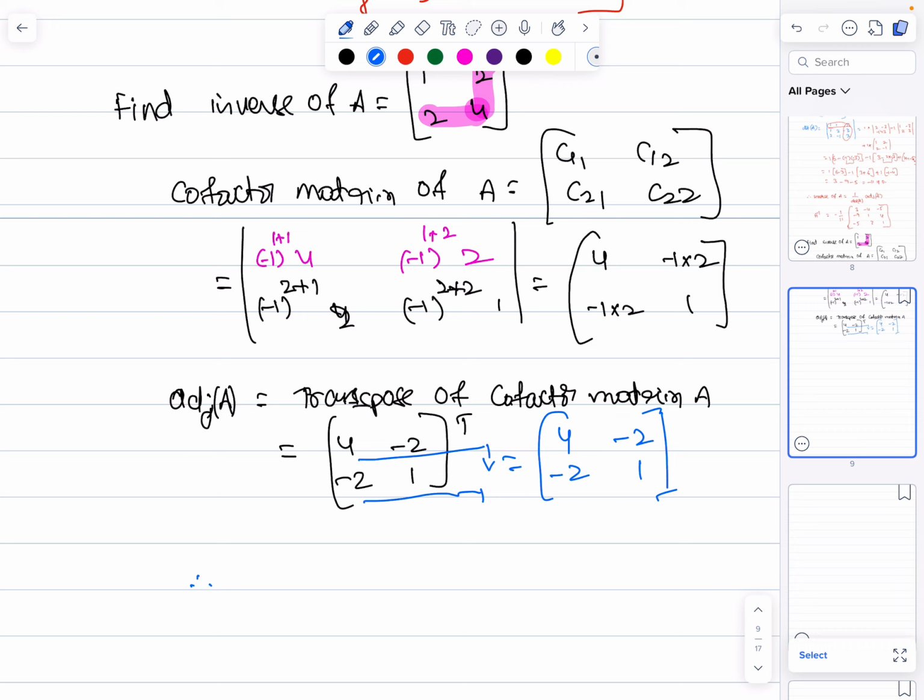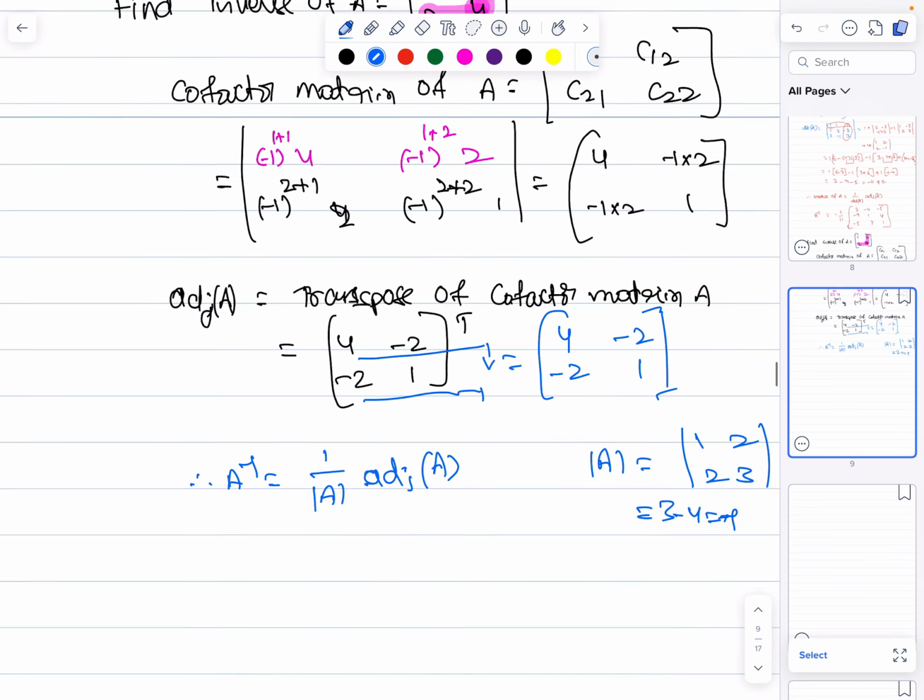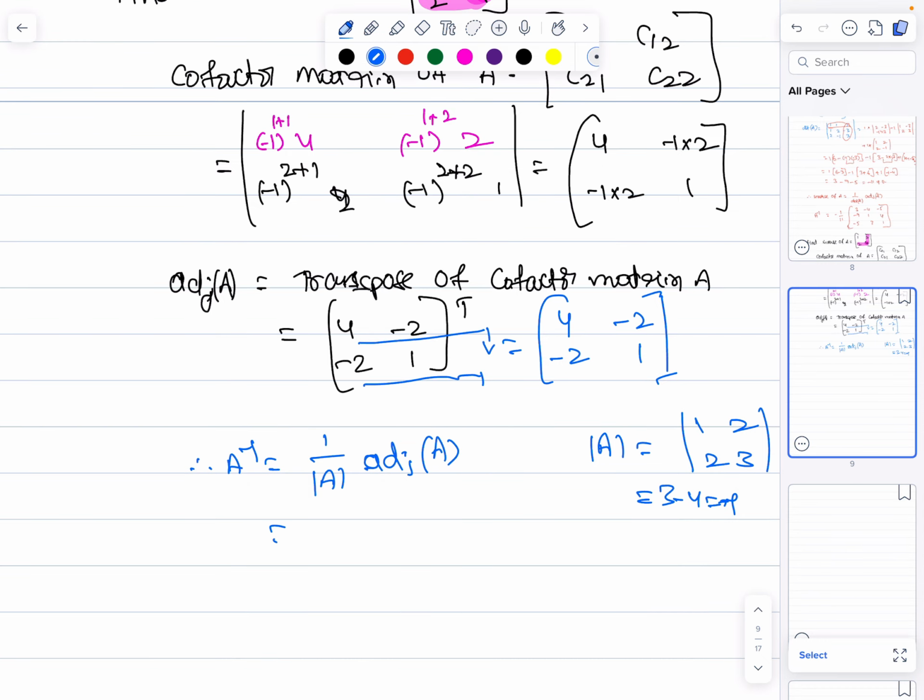Therefore, A inverse is equal to 1 by determinant of A into adjoint of A. But what is the determinant of A? Determinant of A is 1, 2, 2, 3, that is 3 minus 4, which is -1. So it is -1 times 4, -2, -2, 1, that is equal to -4, 2, 2, -1.